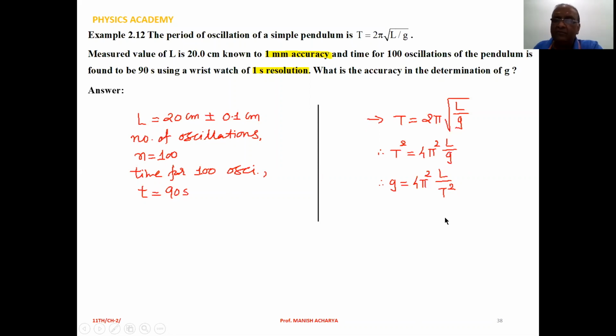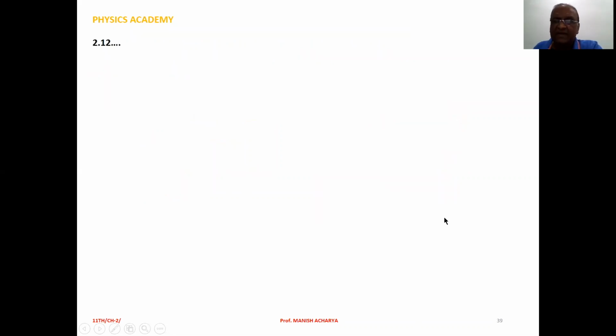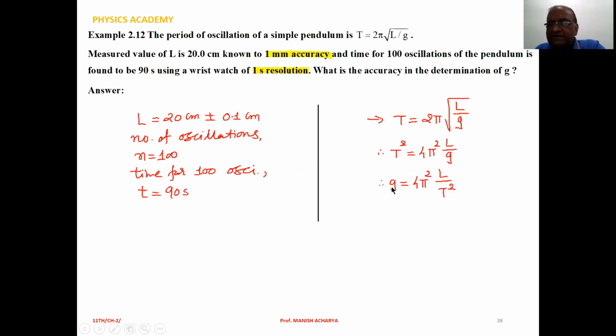Now, we discussed the combination of errors. So here g is equal to 4 pi square, but this 4 pi square is a constant, and there is no error in the constant. So the error in the constant is 0, so no need to consider it. Now L upon T square. So here division of quantities appears.